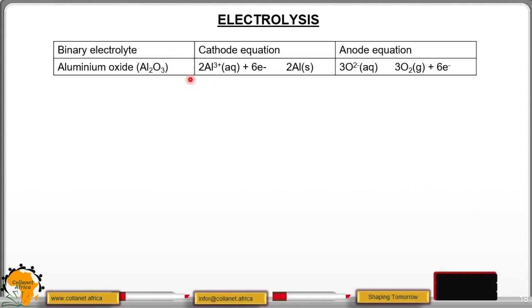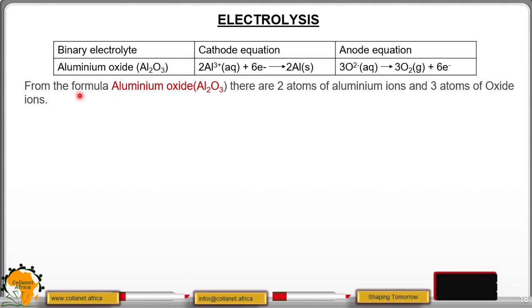Then we have another example, aluminium oxide. From the formula, you'll find that we need 2 aluminium atoms and 3 oxide ions, so we have Al2O3, because aluminium is in group 3 and oxygen has a valency of 2.